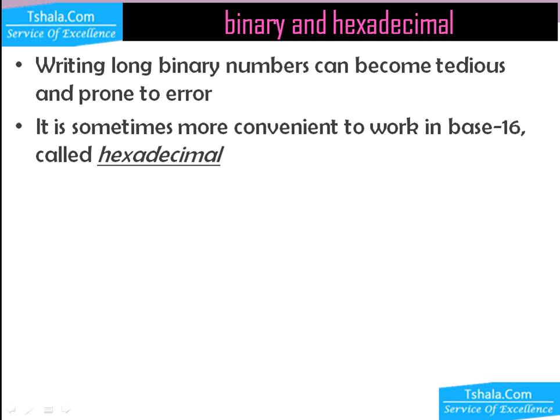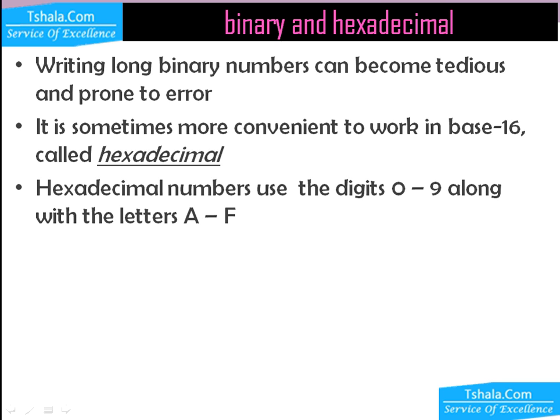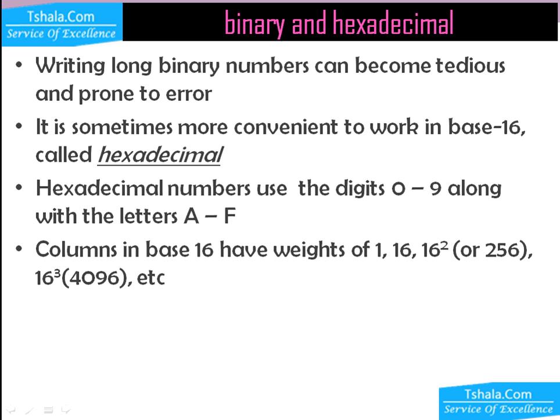That system is called hexadecimal. Hexadecimal numbers use the digits 0 to 9 along with letters A to F. Column weights in base 16 are 1, 16, 16 to the power of 2, and so on, exactly the same way as we've explained for others, but in this case the base is 16. That's why we use 16 there.